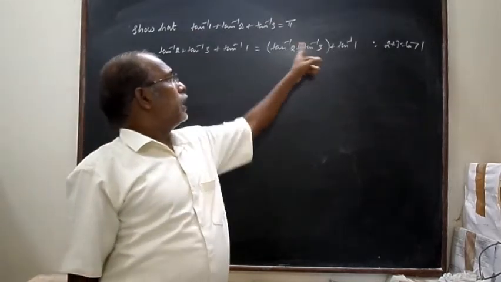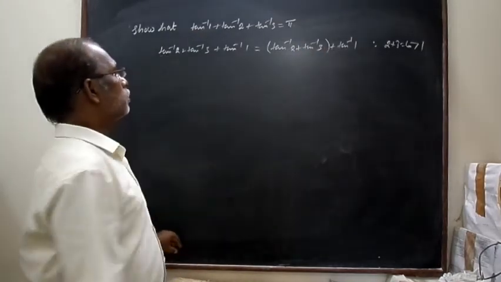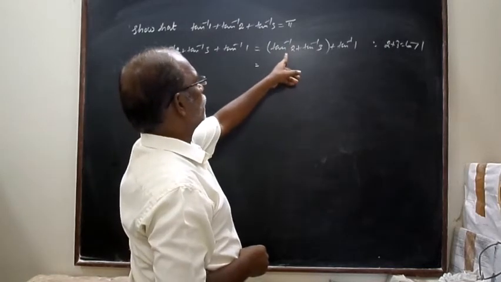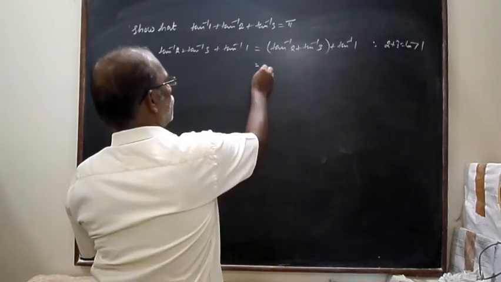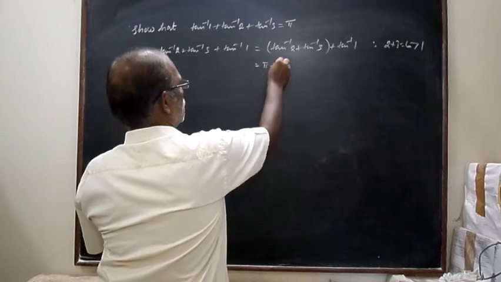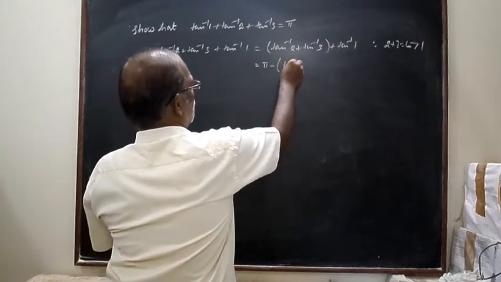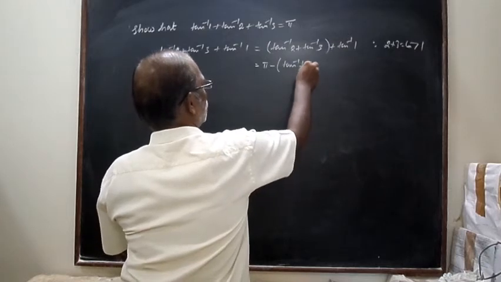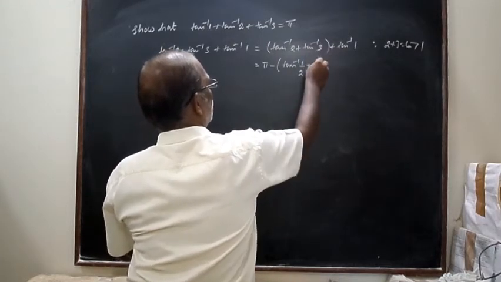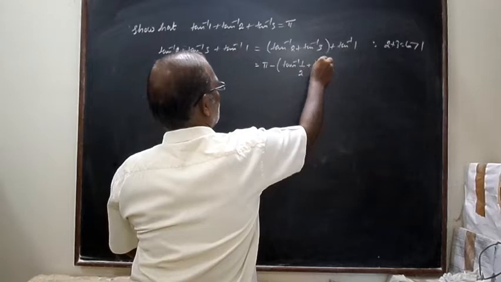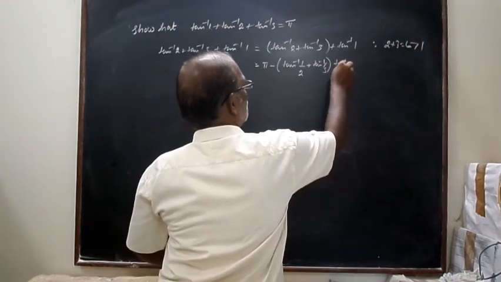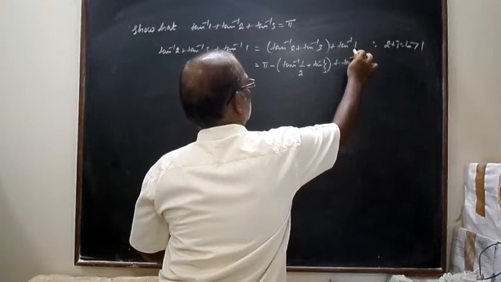Whenever the product x into y is greater than 1, as we already discussed, then tan inverse of 2 plus tan inverse of 3 equals pi minus the quantity tan inverse of the reciprocal of 2, 1 by 2, plus tan inverse of 1 by 3, and plus tan inverse 1.